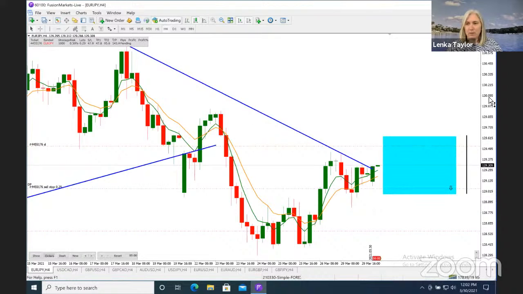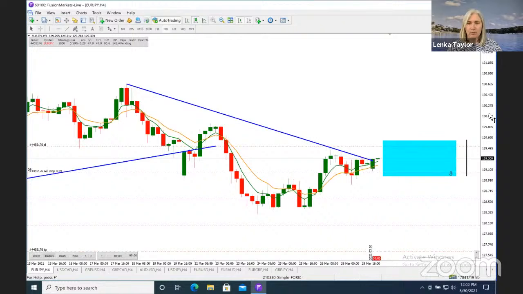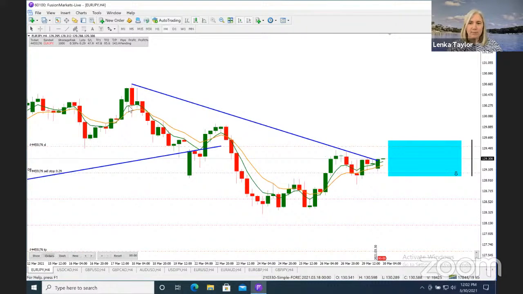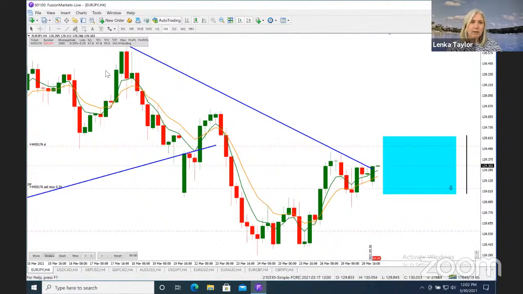Okie doke. So this is my trade setup for today as a pending order, and I will add those in there. Let's see. Entry.